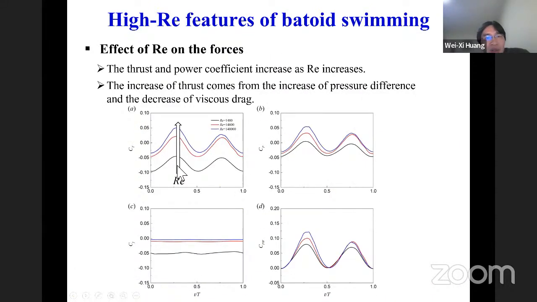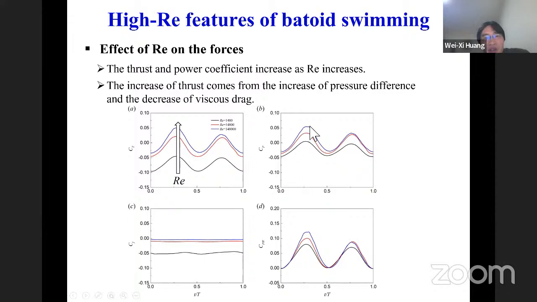As the Reynolds number increases, the variation of the thrust force, the pressure and the power coefficient have very similar trends, but the thrust force increases as the Reynolds number increases, and the power coefficient also increases as the Reynolds number increases.